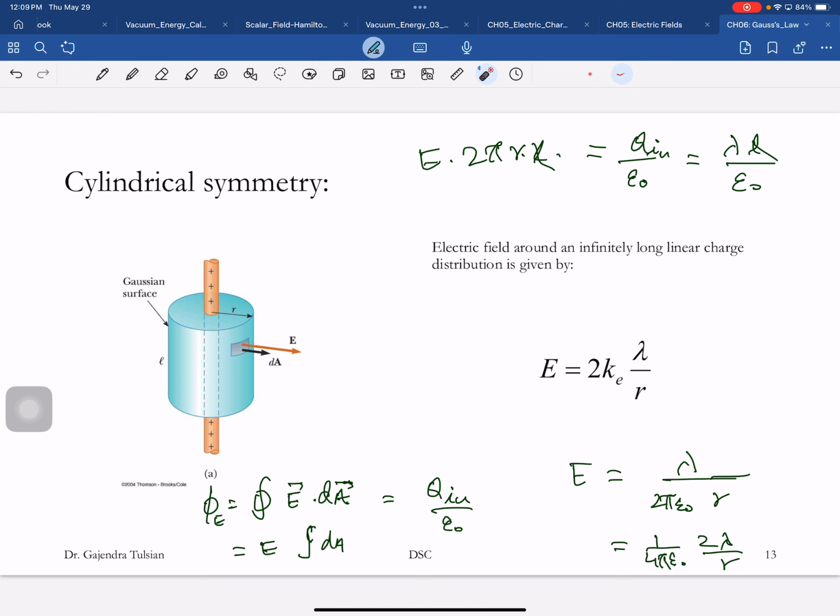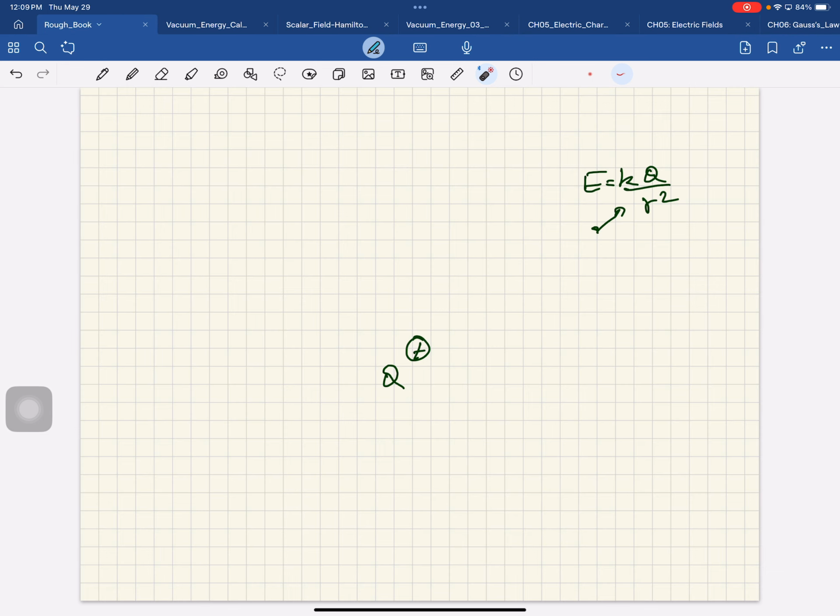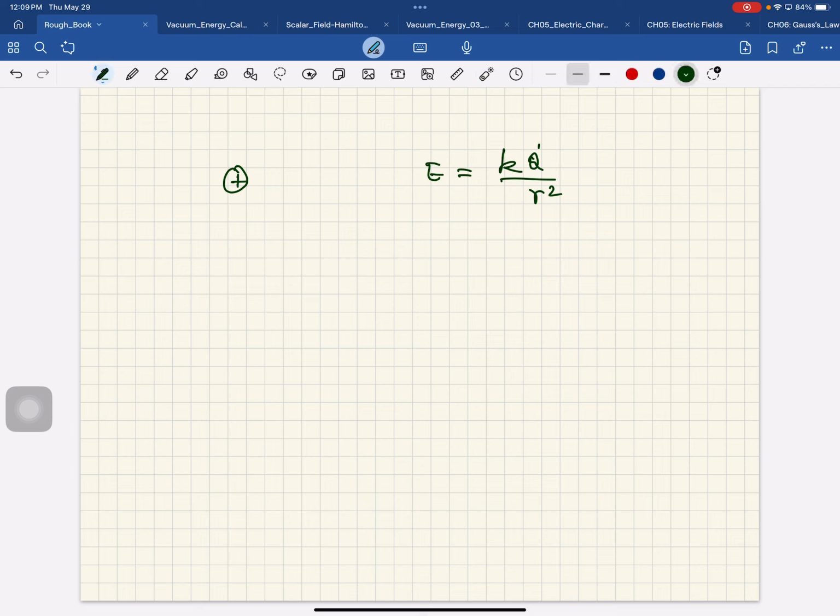So what you have seen is 3 situations. From a point charge, the electric field falls off as 1 over r squared. From an infinitely long charge, the electric field falls off as 1 over r.